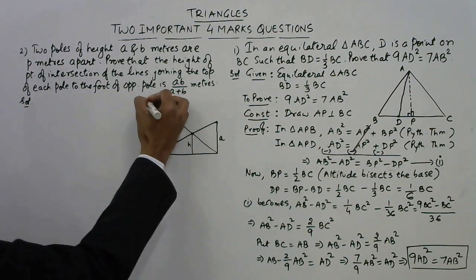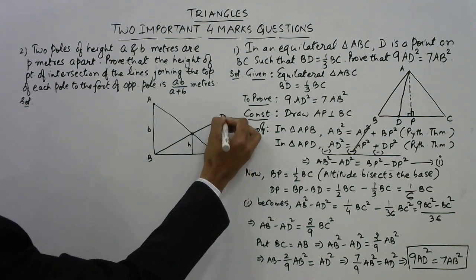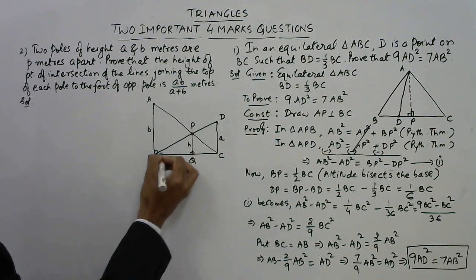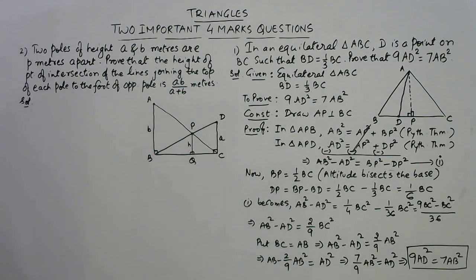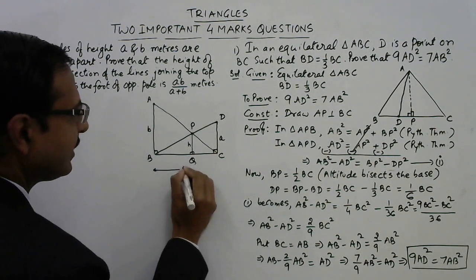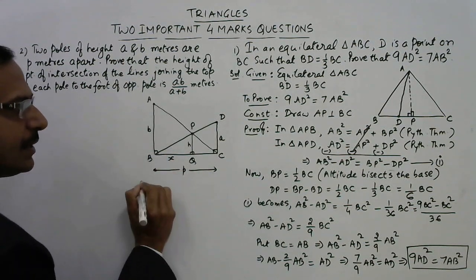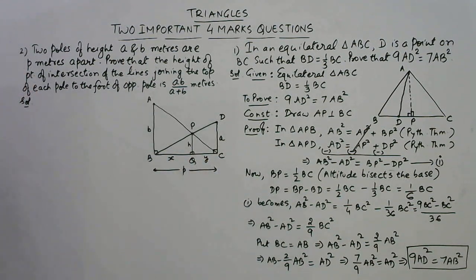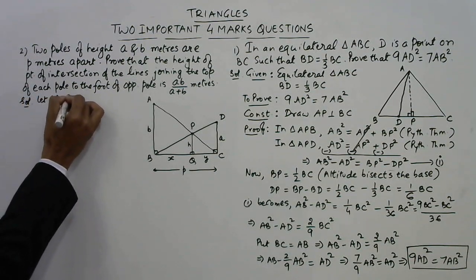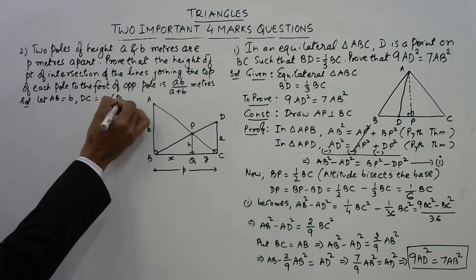Now let's name this figure first. A, B, C, D, P, Q. So these are all right angle triangles. Now the distance between them, that is this distance, is given as P. I'll assume BQ as X and QC as Y. So let AB equal to B, DC equal to A. These are the poles.